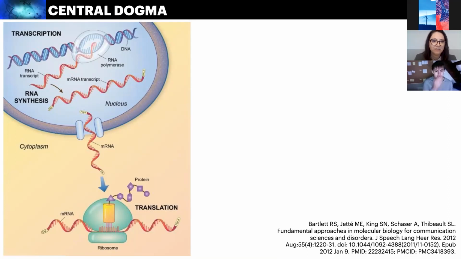This is a simple way to see how genes make their products, but we know that there are a lot of steps between. We have a lot of processes that interfere in the synthesis of RNA and the translation also. So there are a lot of checking points and regulating points in this process.